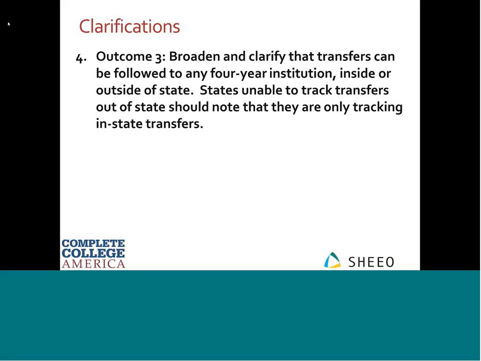We did that in the past because we knew that some states weren't able to track them, and we wanted consistency. It seems like now that the states want to go out of state, though. So the 2-year institutions that are following their transfer students into their next institution should be reporting this year inside or outside of the state.